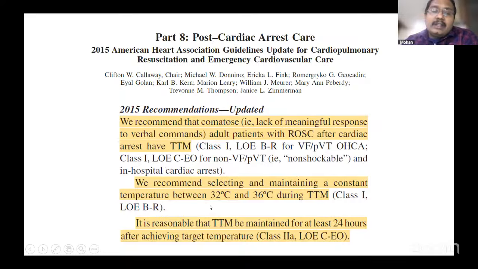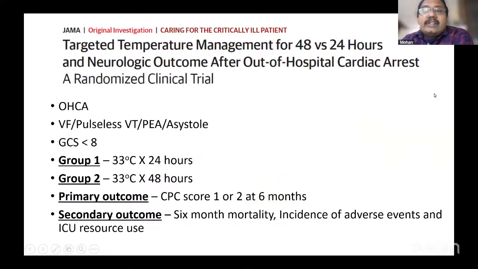So they recommended 32 to 36 degrees centigrade as the target temperature, and the target temperature should be maintained for at least 24 hours.